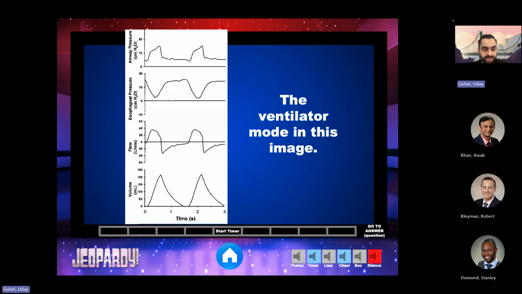Even if you didn't have the esophageal pressure, you should still be able to figure it out. As Jared alluded to earlier, look at the airway pressure waveforms: your pressure waveform isn't square.